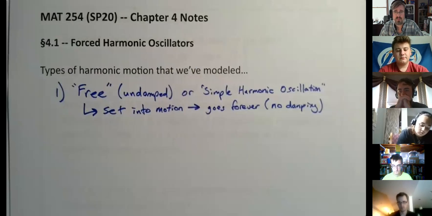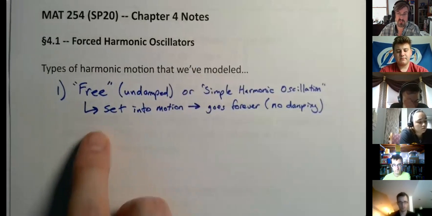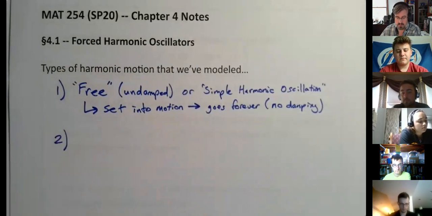And even these lovely little polymers have damping as a result of the bonding energy not being completely conserved. Some of it gets given off as basically waste heat. So true simple harmonic oscillation doesn't actually exist in the real world. You're always going to have some decay due to damping. But this is really useful for us as a first step in the modeling of harmonic motion.